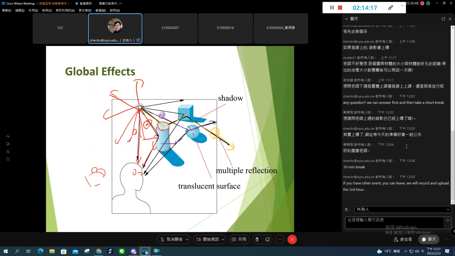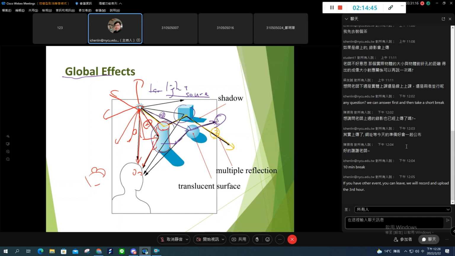So this is the fifth situation. In graphics, we usually call this a global effect, which means that for a single light source, all of the objects will be involved in the interreflection.